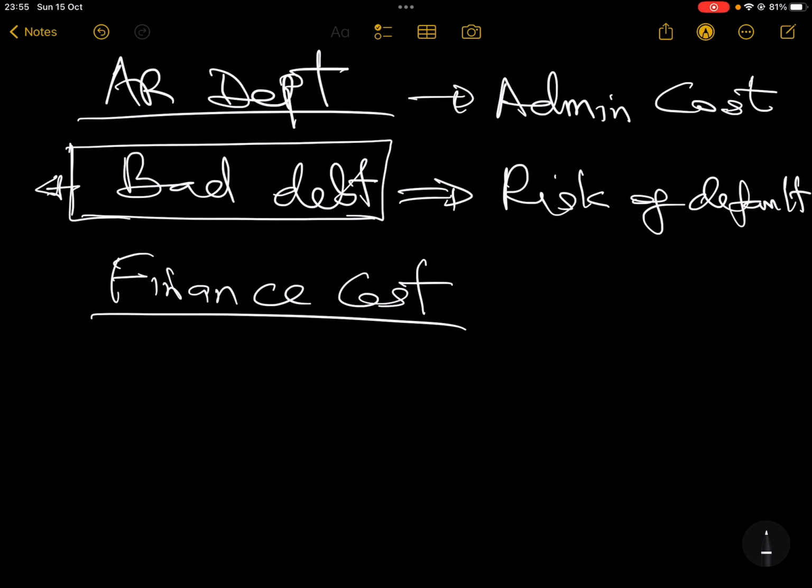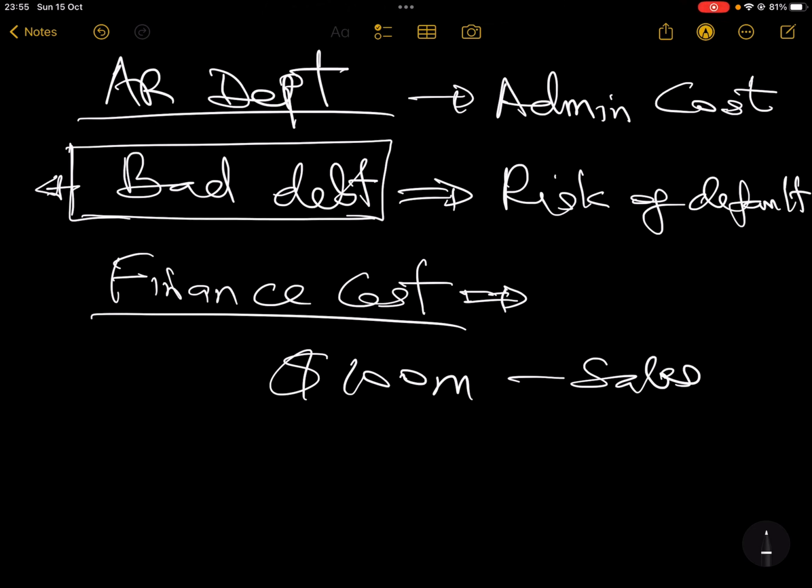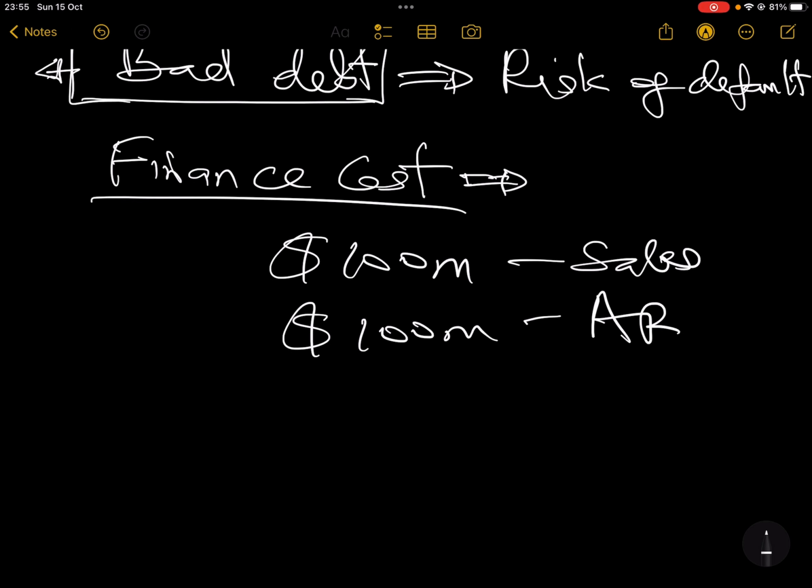Finance cost is just talking about the fact that when you sell, take for instance, 100 million sales, and you make all those sales on credit, you also have 100 million receivable. So you have that amount sitting in your account receivable.